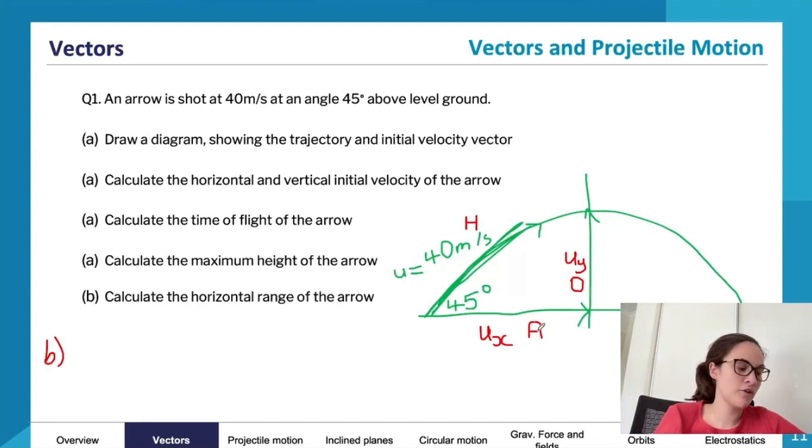So to calculate Ux, that's our adjacent, so we're going to be using cos. So cos 45 degrees multiplied, oh not multiplied, sorry, that was a mistake.